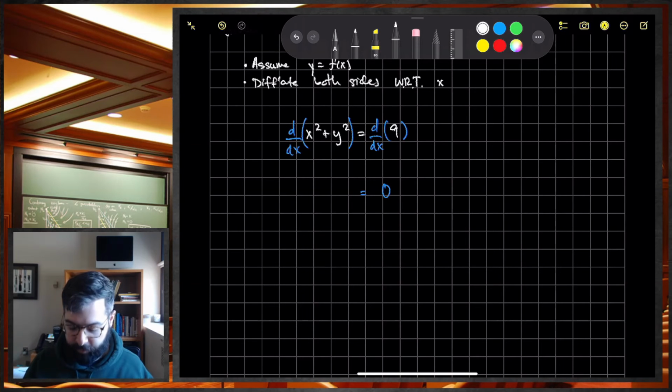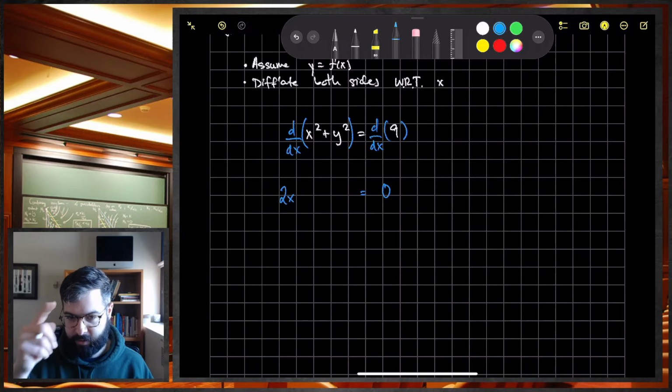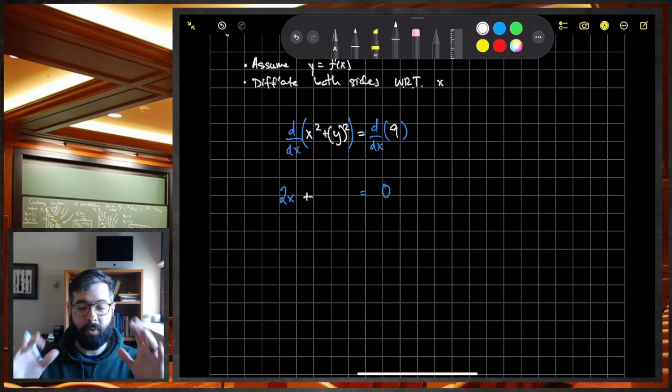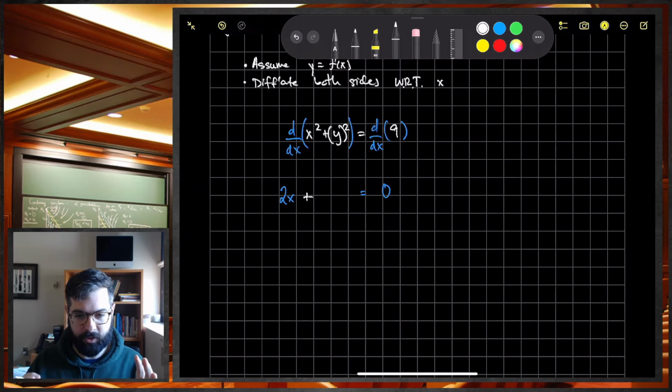The derivative of x squared with respect to x is 2x, right, to the 2 minus 1, so that's just 2x, plus the derivative of y squared with respect to x. Well, again, you're assuming that y is some inner function of x, and so that's why I'm going to recommend you put brackets around y, because that will make you think of the chain rule, which is key to solving these problems.